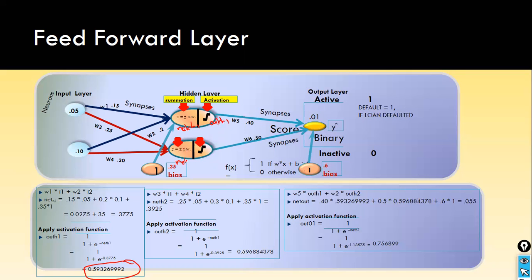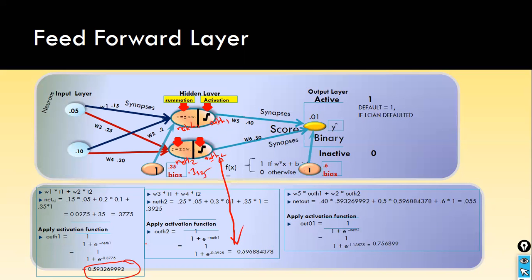This is net H2, out H2. Net H2 is 0.3925. Out H2 is this value. I don't want to clutter here. Out H1 is this value.